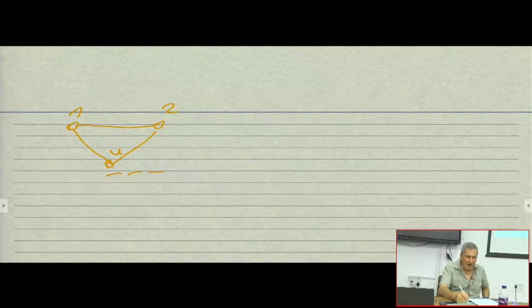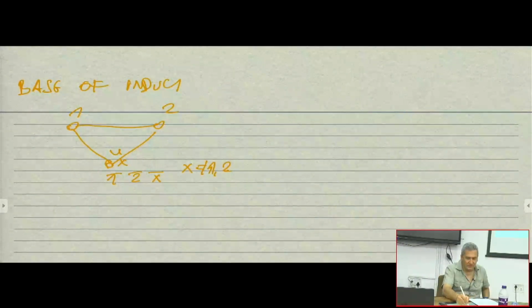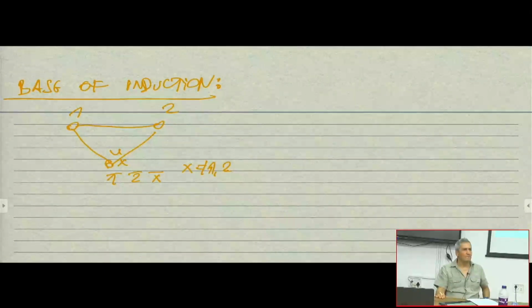Maybe it contains 1, maybe it contains 2, but I have a color x which is different from 1 and 2. Then I put color x here. Okay, base of induction. Do we agree?